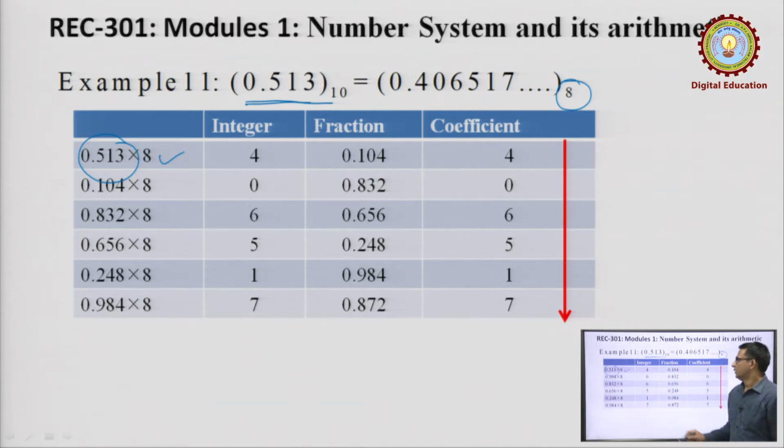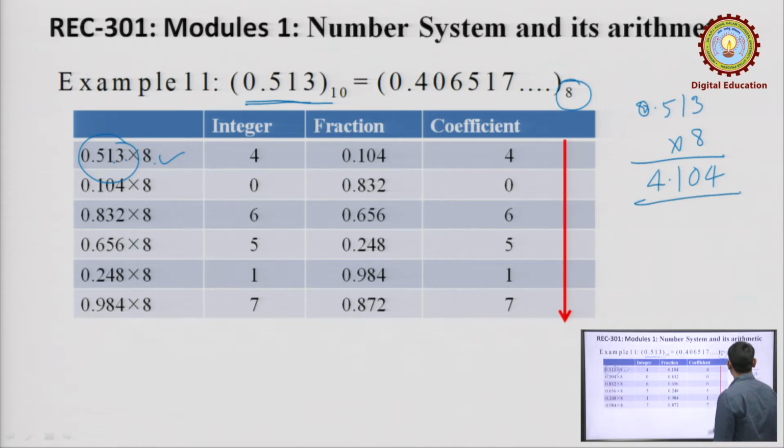After multiplying 0.513 by 8, we get 4.104. In this, the 4 is the integer part, while the rest is the fractional part.